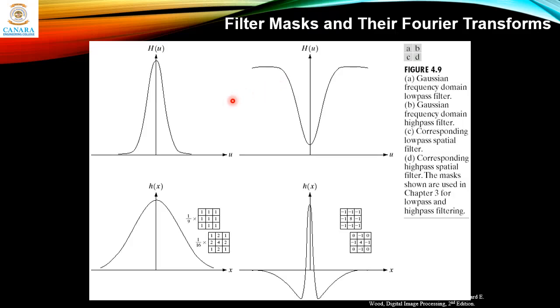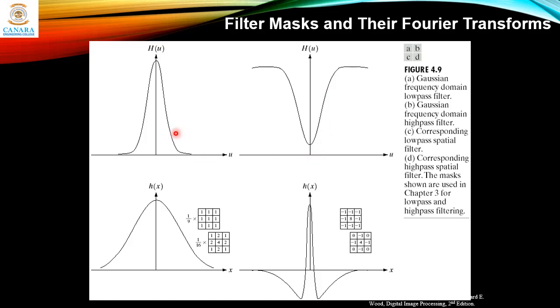These are the filter masks and their Fourier transforms. This is H(u), the Gaussian frequency domain low pass filter, and this is the Gaussian frequency domain high pass filter. You can see that for low pass the response is high near the origin, and for the high pass filter the response is zero or low near the origin.